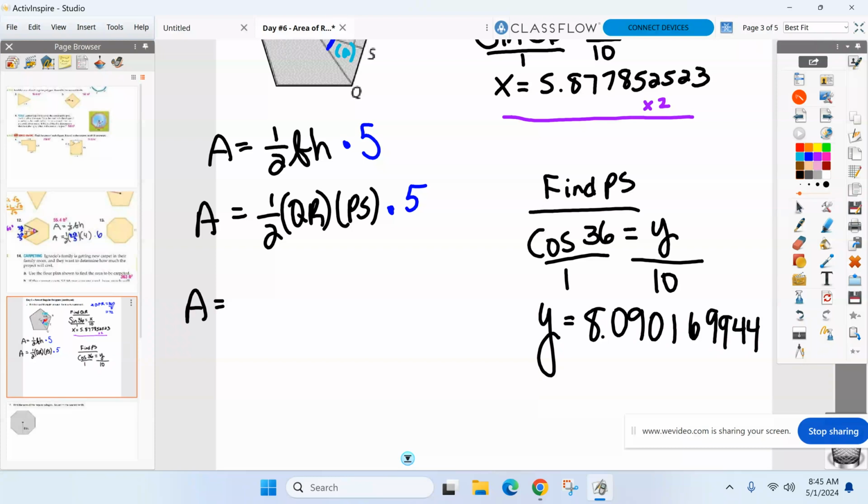Take your time with what you're typing in your calculator, because this is where errors happen. You find all the correct numbers, just somehow you don't multiply the right ones.